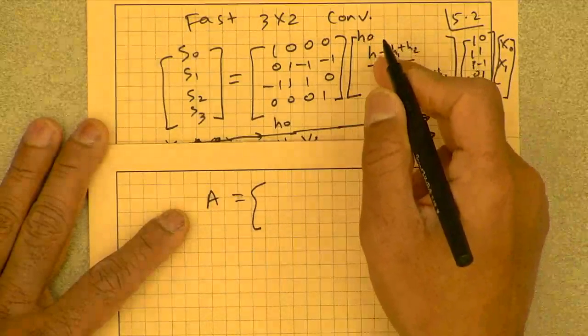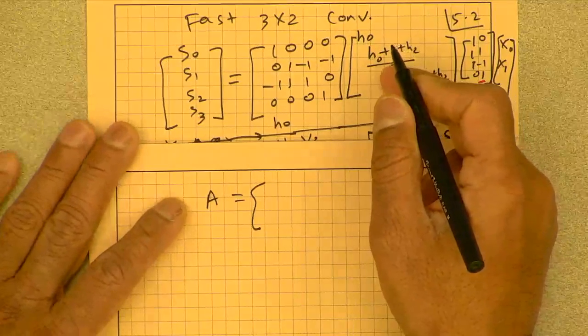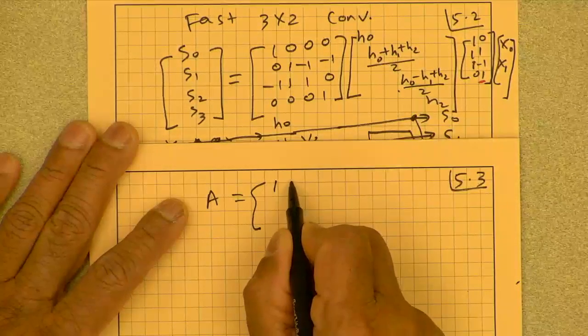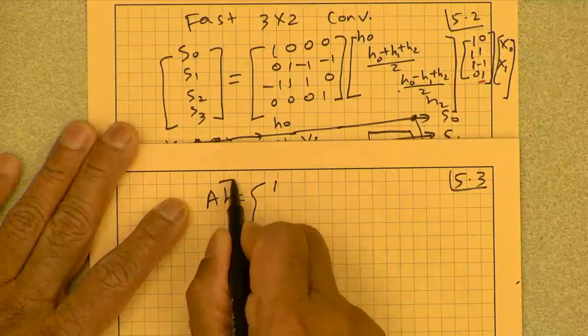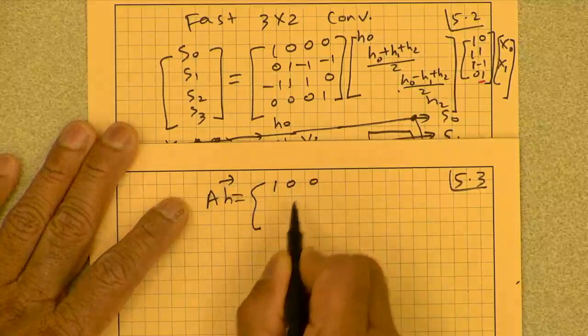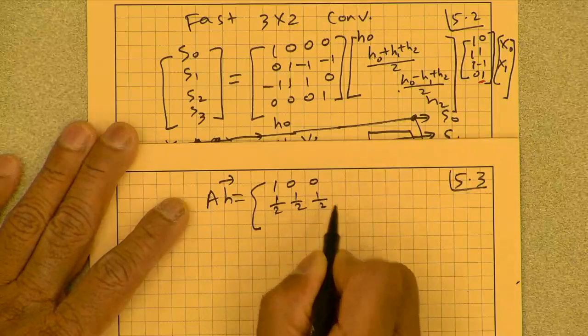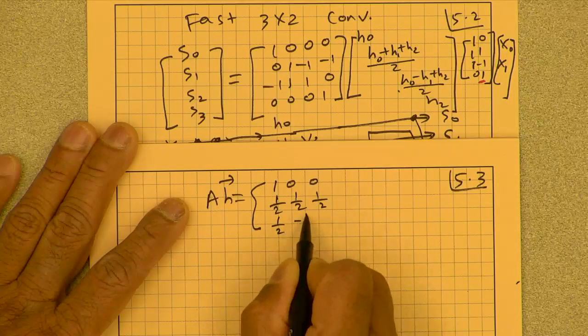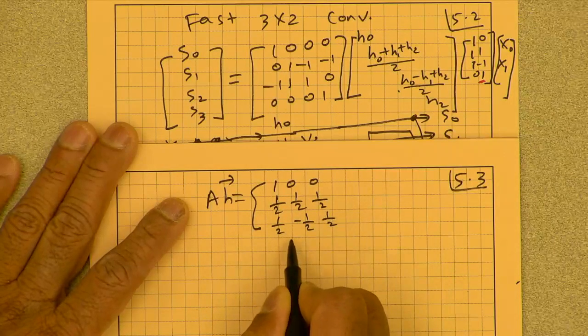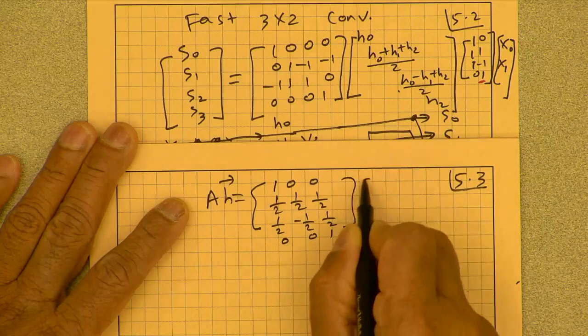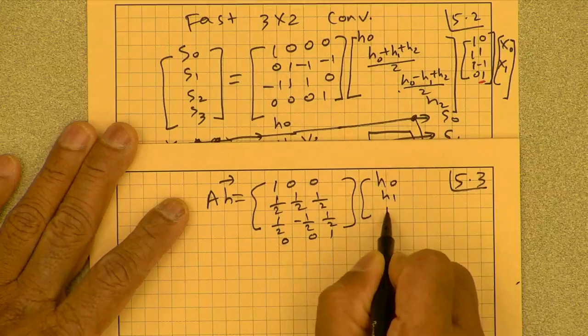So AH can be put into diagonal form, with rows 1 0 0, 1/2 1/2 1/2, 1/2 -1/2 1/2, 0 0 1, and H0 H1 H2.